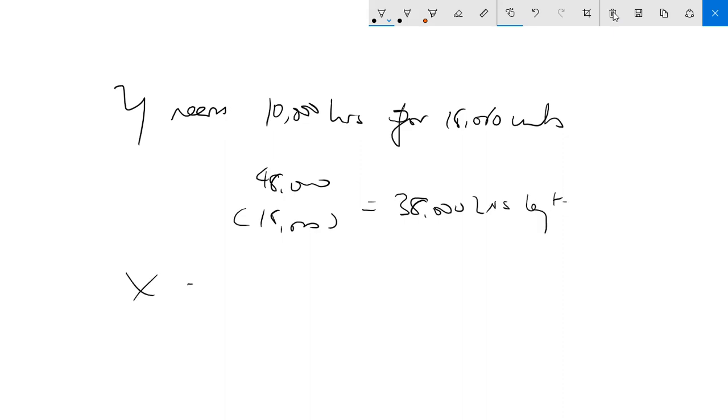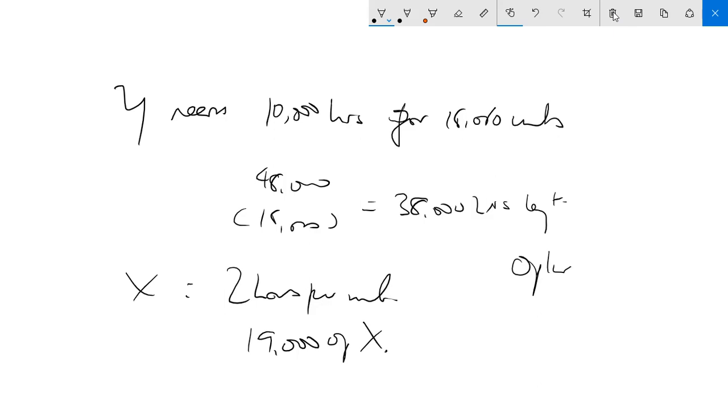And for x, you need 2 hours per unit. So that means you can only make 19,000 of x. So we know that the optimal production is therefore 19,000 of x and 10,000 of y.